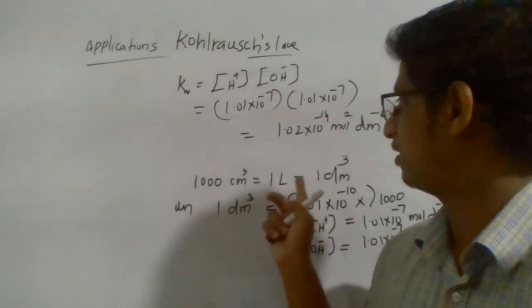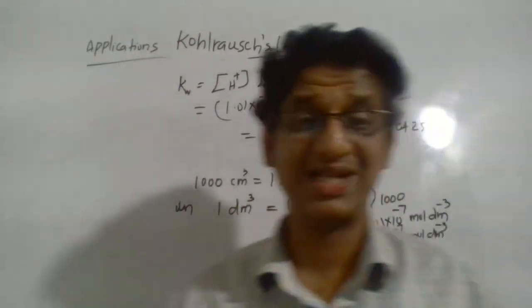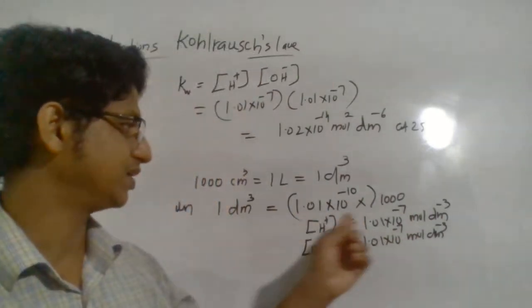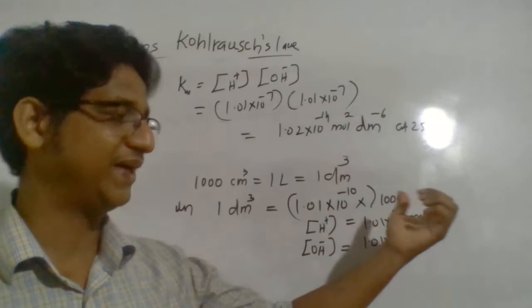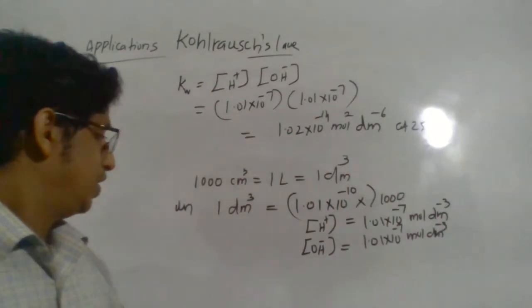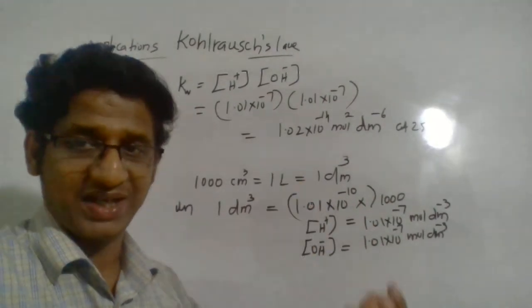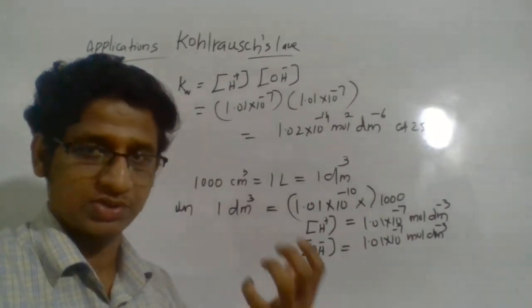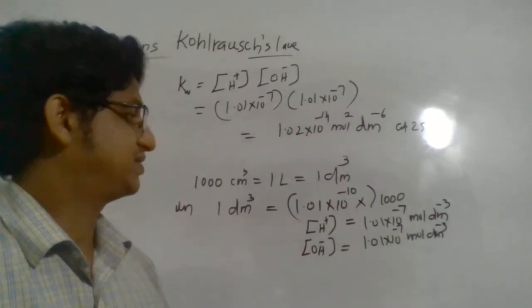So you get 1.01 into 10 raised to minus 7 as the concentration of H plus ion in mole per liter or mole per decimeter cube. The concentration of OH minus is also the same, because they ionize equally.